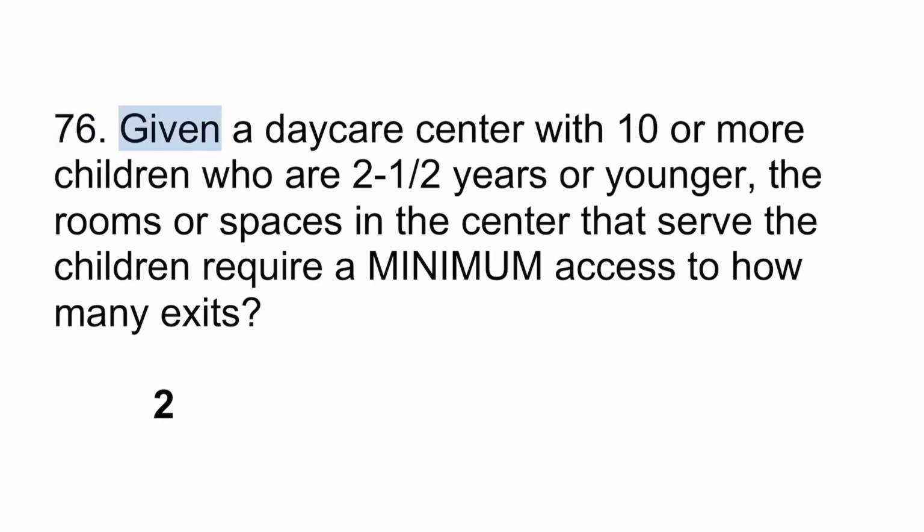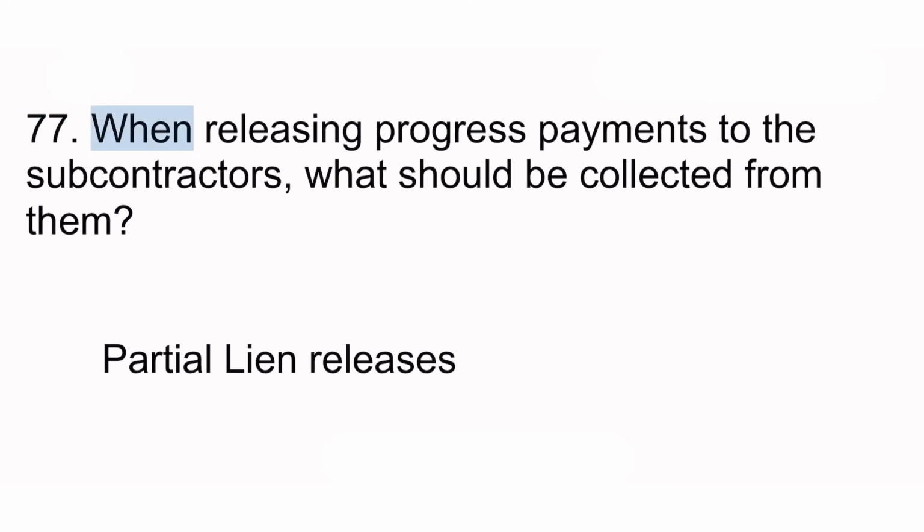76. Given a daycare center with 10 or more children who are 2.5 years or younger, the rooms or spaces in the center that serve the children require a minimum access to how many exits? 2. 77. When releasing progress payments to the subcontractors, what should be collected from them?